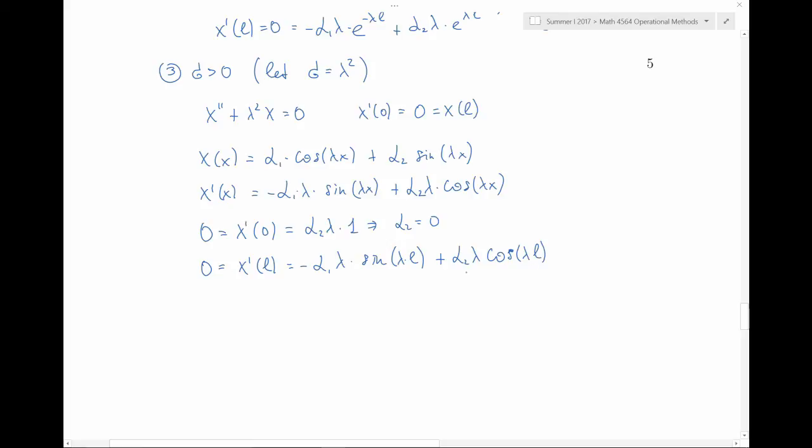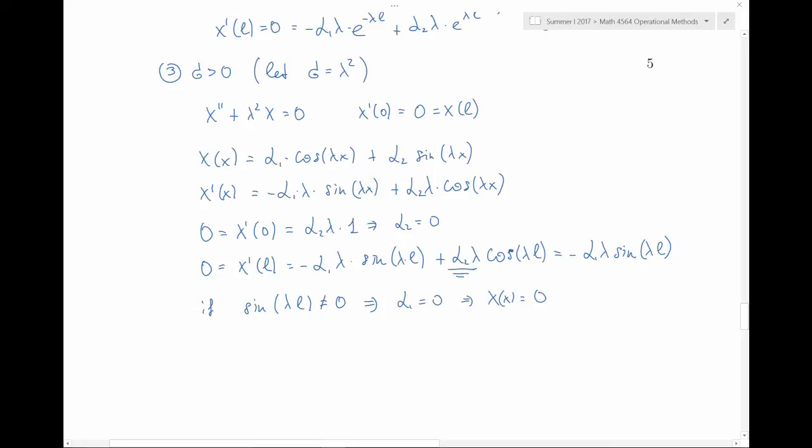Well, we do know that this constant alpha 2 should be 0. Therefore, it just equals minus alpha 1 lambda sine of lambda L. If sine of lambda L is non-zero, this means that alpha 1 has to be 0, and therefore X(x) is simply a 0 function.